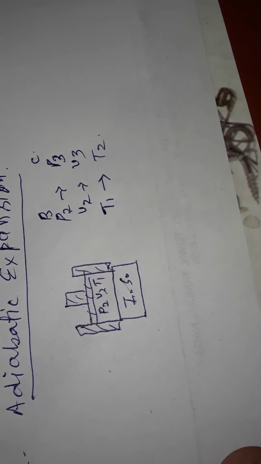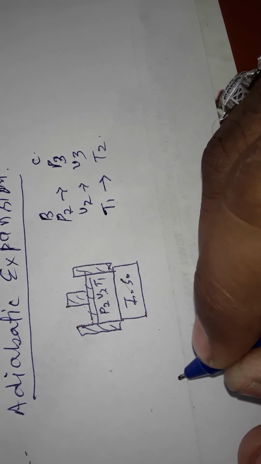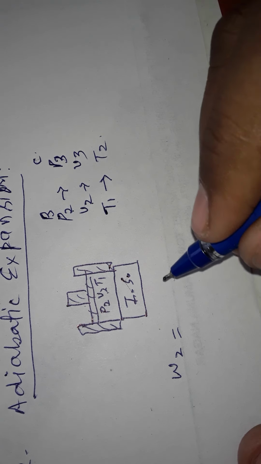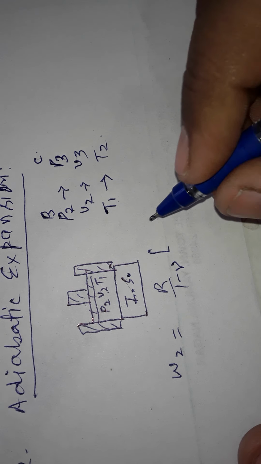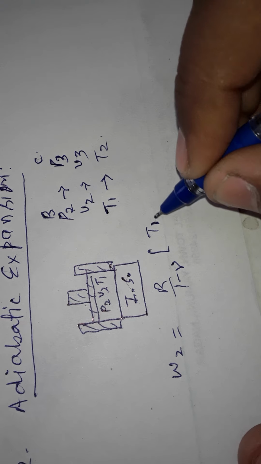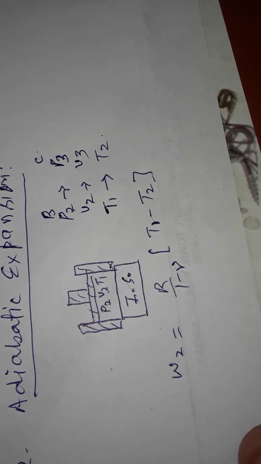So this is point B and this is point C. Now we can calculate the work done for the adiabatic expansion. W2 is equal to R upon 1 minus gamma into T1 minus T2.